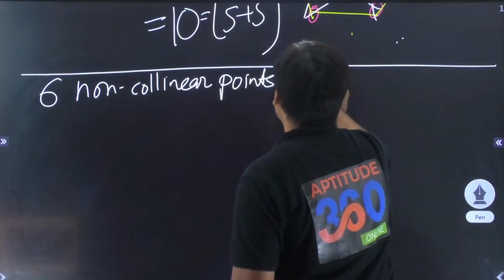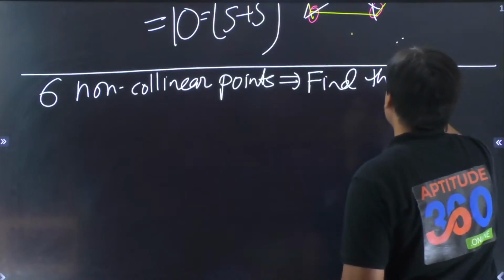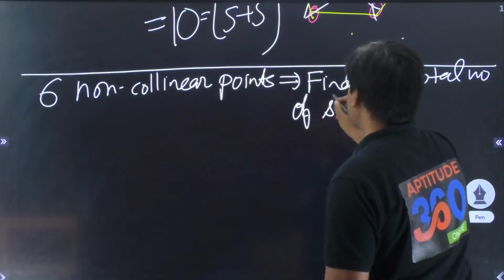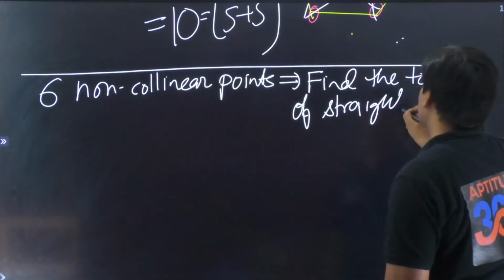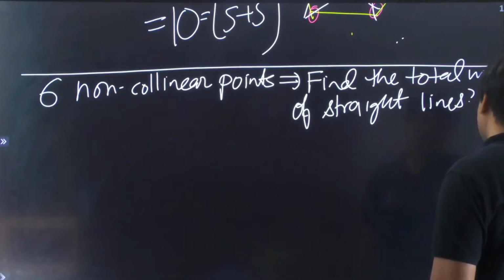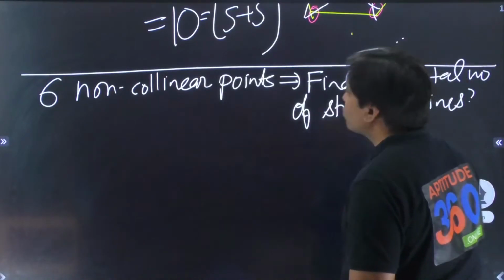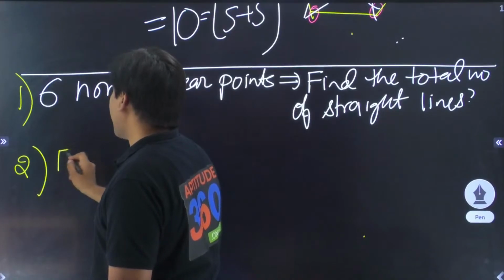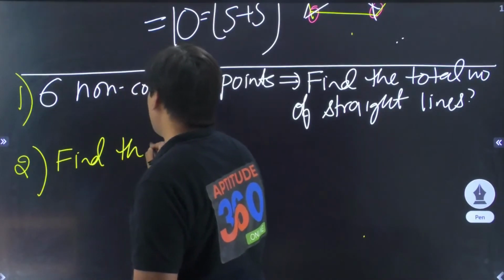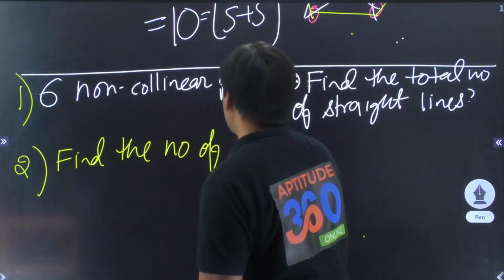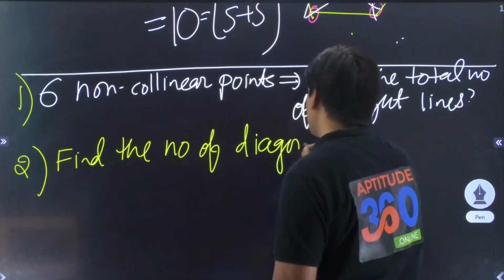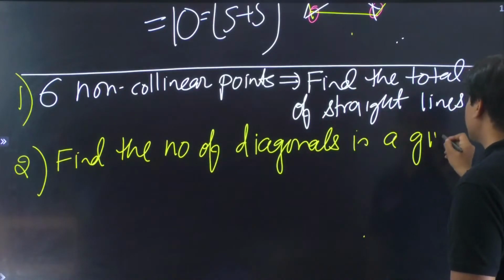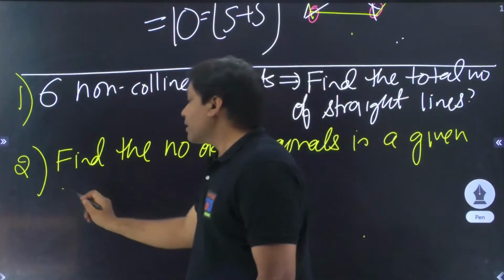Find the total number of straight lines. एक तो ये प्रॉब्लम, या तो दूसरा प्रॉब्लम ये पूछा जा सकता है, find the number of diagonals in a given regular hexagon.